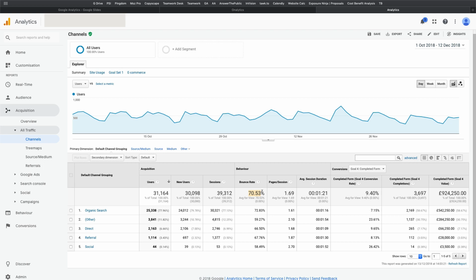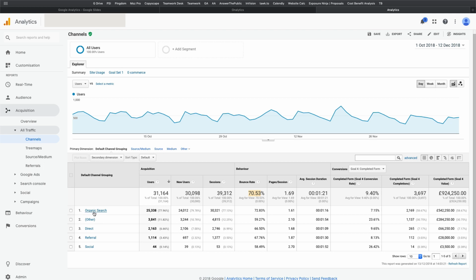Also, because of the nature of the business and the lead generation they're doing, people tend to either come on and convert immediately or leave. There's not really too much in-between. They've got a decent conversion rate, but also a pretty high bounce rate, and that's obviously impacted their session duration. Remember, each bounce counts as a 0 in session duration.